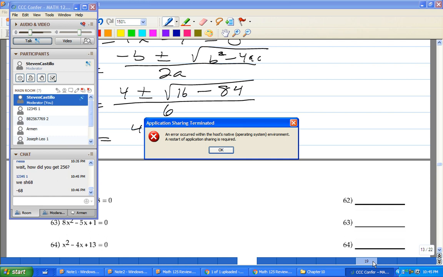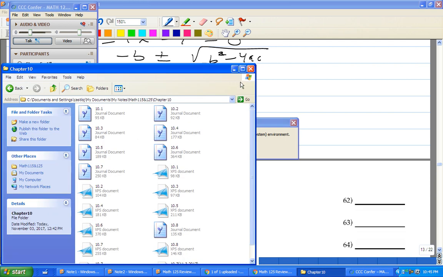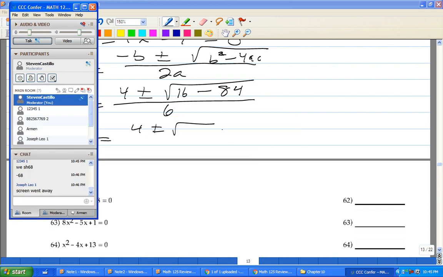Okay. 16 minus 84 is negative 68. Correct. Screen went away. Okay. One second. Let me get it back.